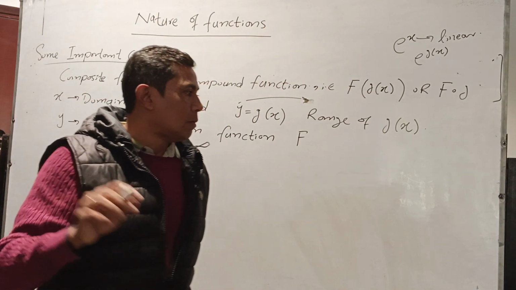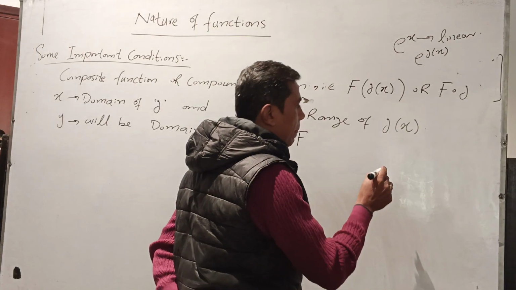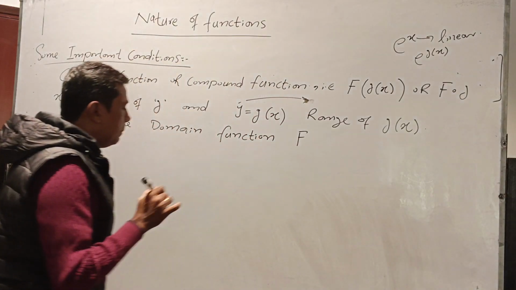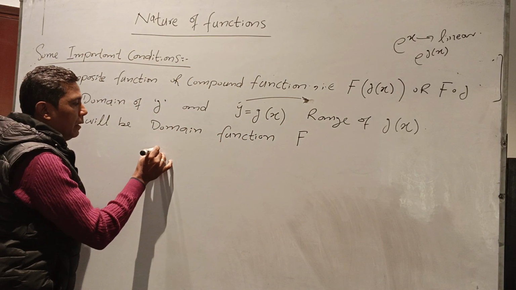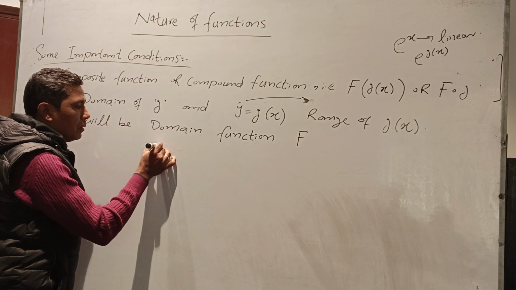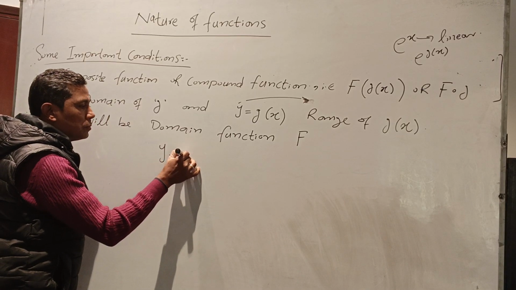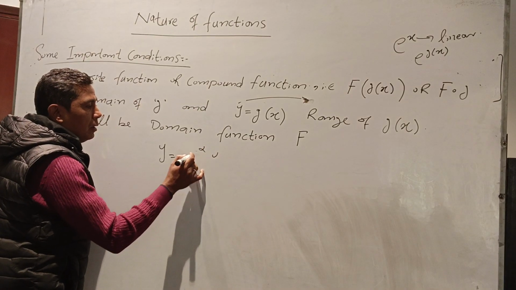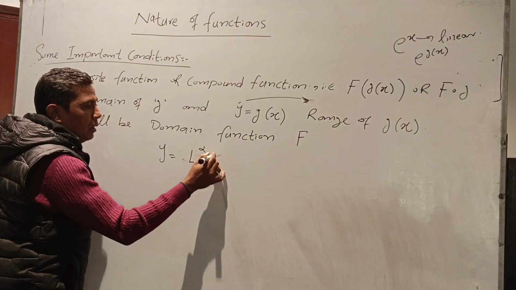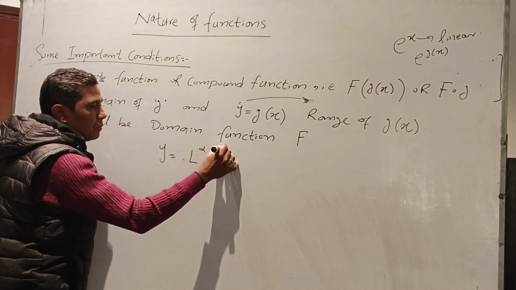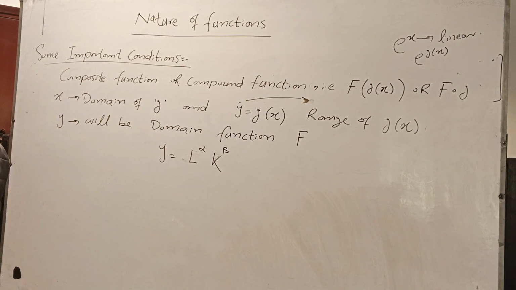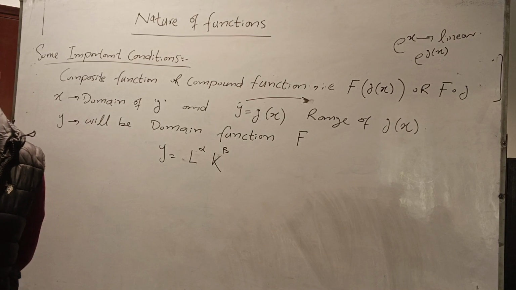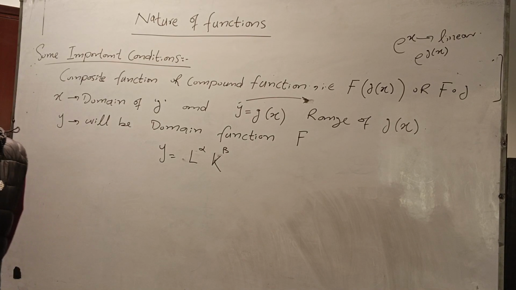How? Take the example, let's say we represent y equal to L^alpha K^beta. It is a kind of Cobb-Douglas function, very commonly used. Clear?